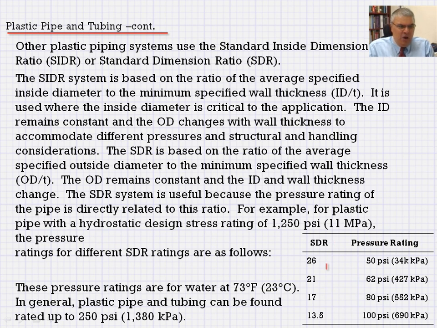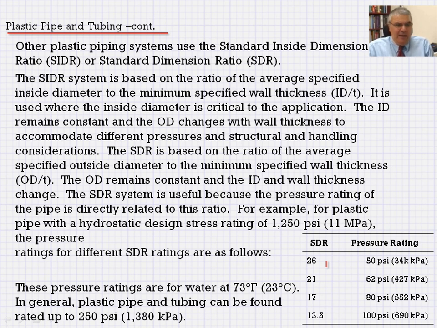The SDR, which stands for standard dimension ratio, is based on a ratio, and that is the average specified outside diameter to the minimum specified wall thickness.